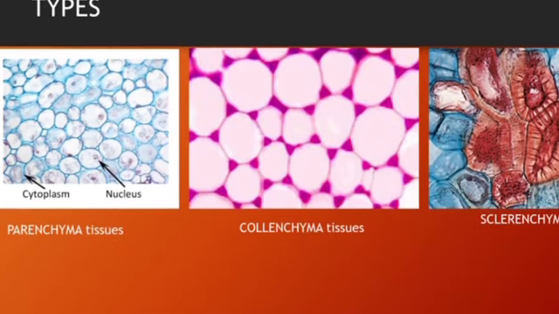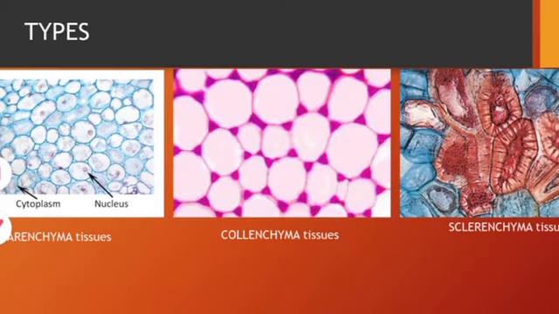So here are the three types of supportive permanent tissues. One is parenchymatous tissue that helps in storing food inside the leaves. Another one is collenchyma that provides support and elasticity so that the leaves can easily bend as they wish.